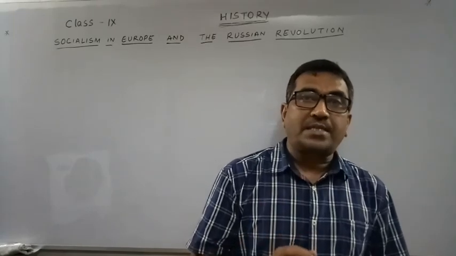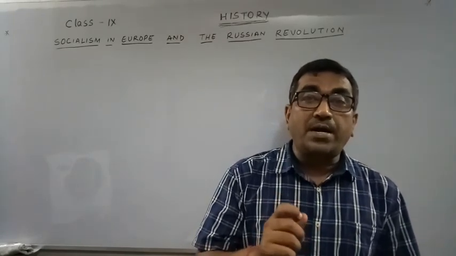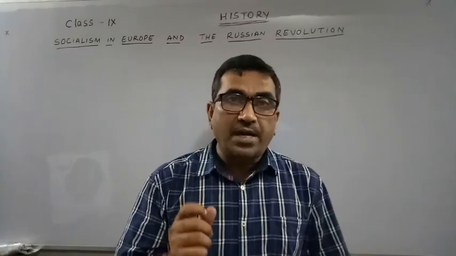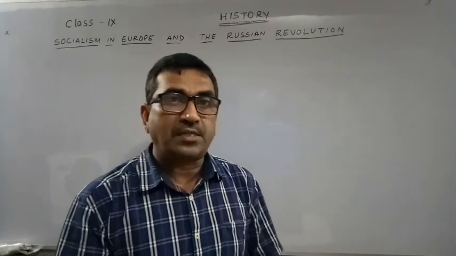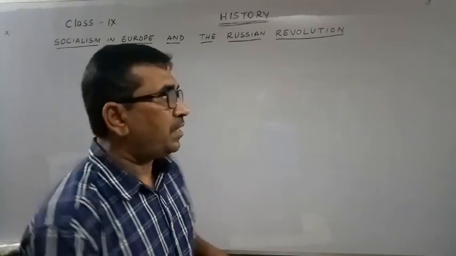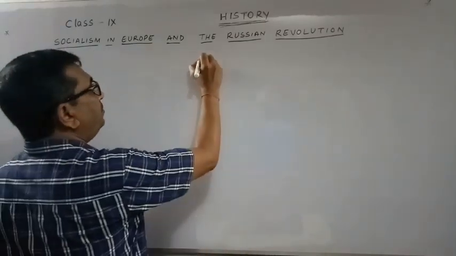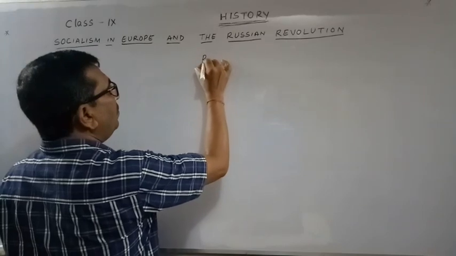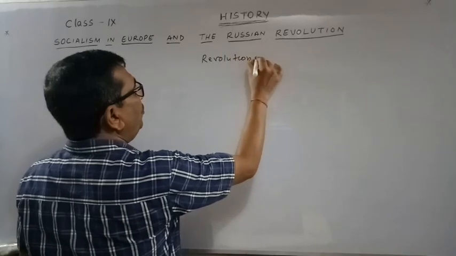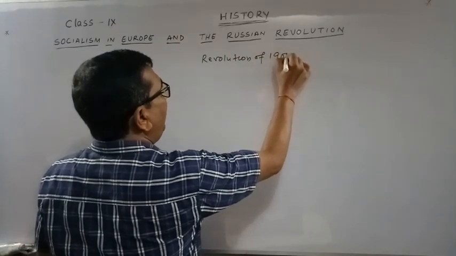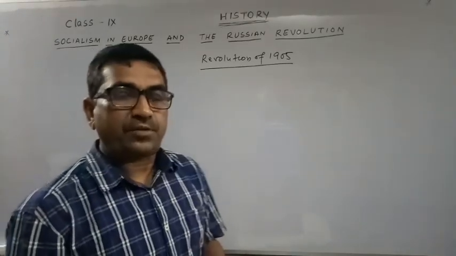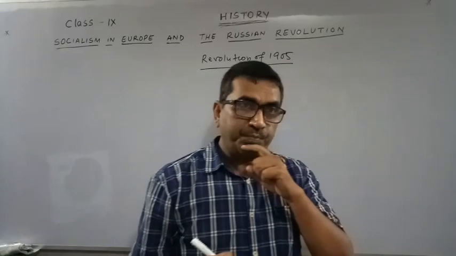Today, we will discuss the 1905 revolution, which is one of the bases for the 1917 revolution that took place and uprooted the Tsar, or Tsardom, from Russia. That is the Revolution of 1905.